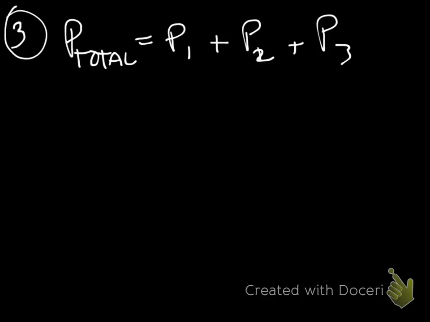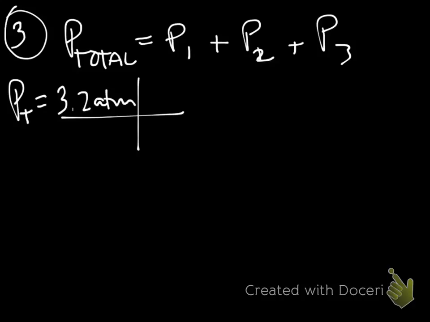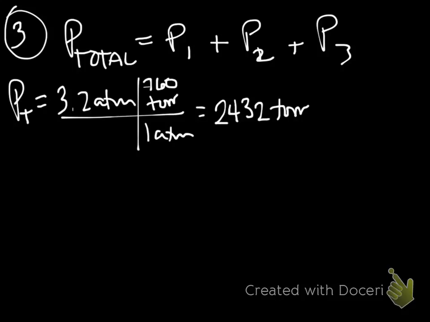So here we were given P total as 3.2 ATM, so we're going to have to convert that one, and 1 ATM is 760 torr, so that gives us 2,432 torr. P1 was given to us in torr, and that's 806 torr.